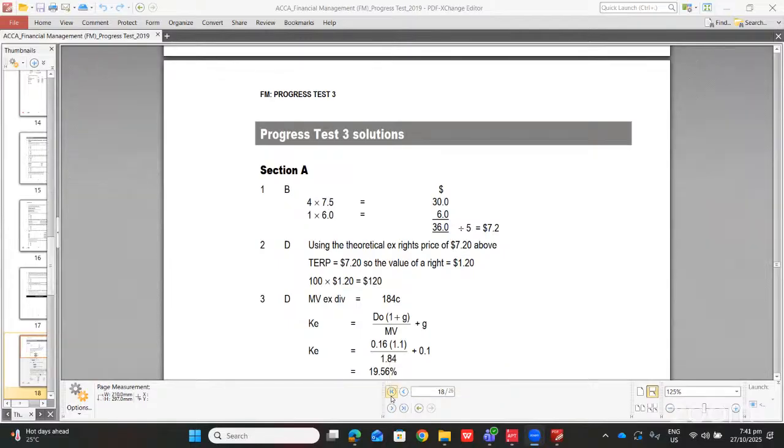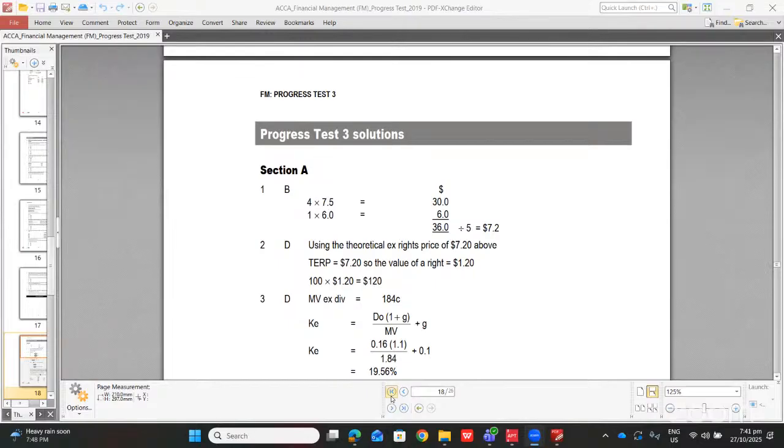If you have 4 shares at $7.50 and you purchase 1 at $6, you have 5 shares that are now worth $36 to you, because the 4 at $7.50 are worth $30, and for the other one you paid $6. So $36 is what the 5 shares are worth. Divide that by 5, you get $7.20. So the theoretical ex-rights price is $7.20, B being the solution.